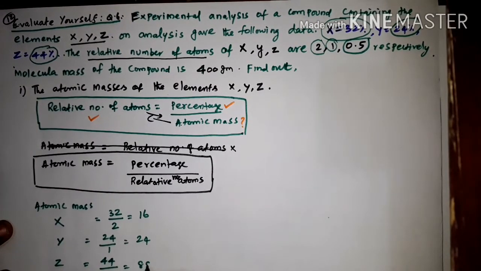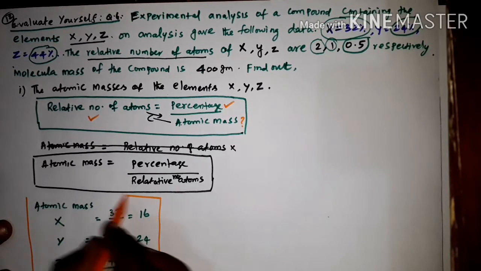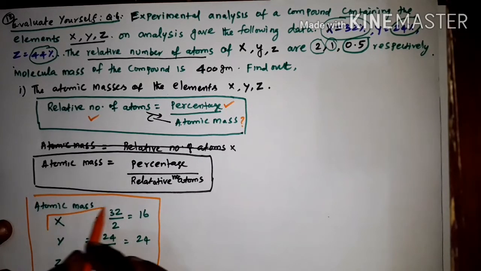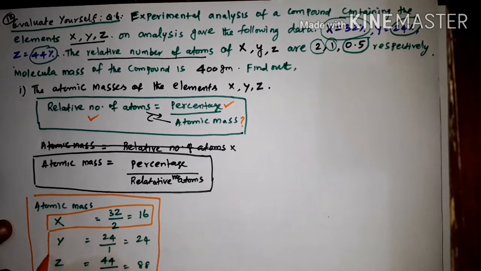So the answer is 88. This is the atomic mass of each element. So we have calculated X is 16, Y is 24 and Z is 88.